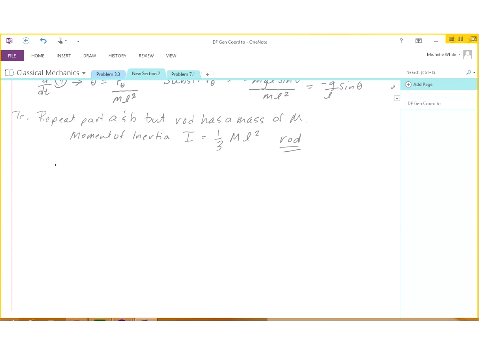So now we'll do the kinetic energy, which of course is T, and we have 1/2 mL squared theta dot squared plus 1/2 the moment of inertia times theta dot squared. And this is equal to 1/2 mL squared theta dot squared plus 1/2 times 1/3 mL squared theta dot squared.